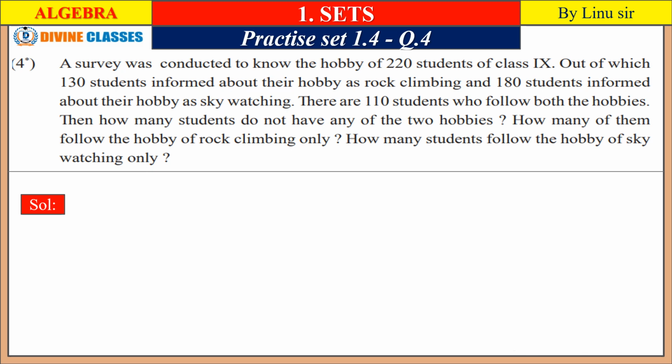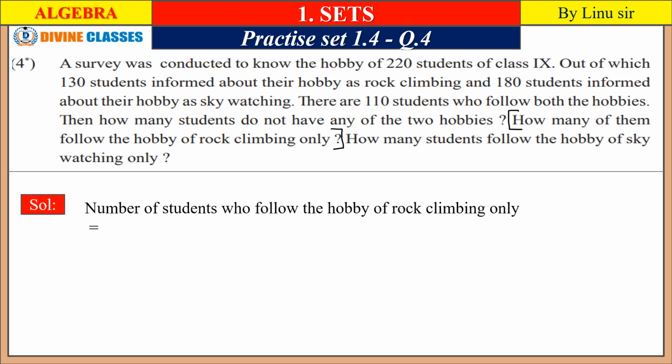So next question, it is asked, how many of them follow the hobby of rock climbing only, right? The number of students who follow the hobby of rock climbing only is equal to n(R) minus n(R intersection S). Okay students, that means from the total of those who have rock climbing as a hobby, we need to subtract the intersection, that means those students who have both the hobbies.